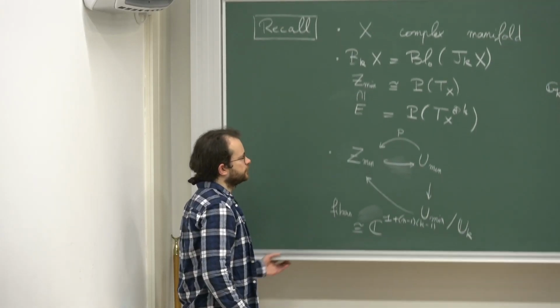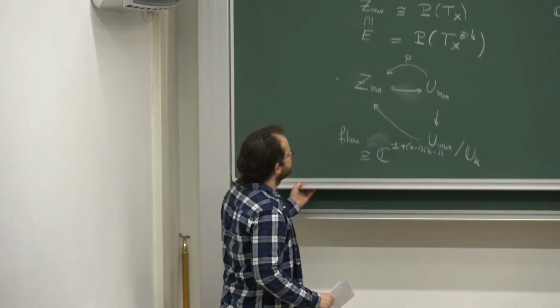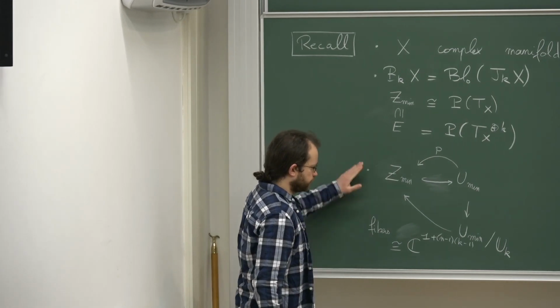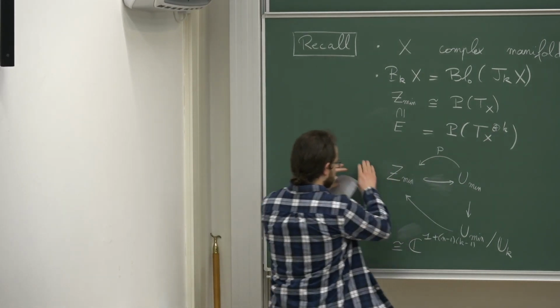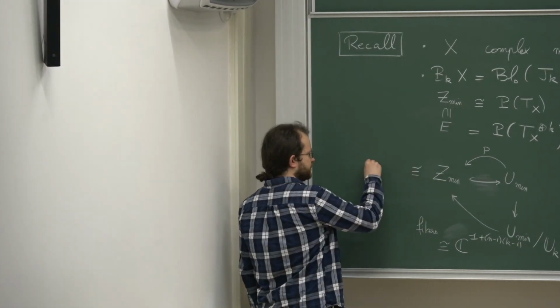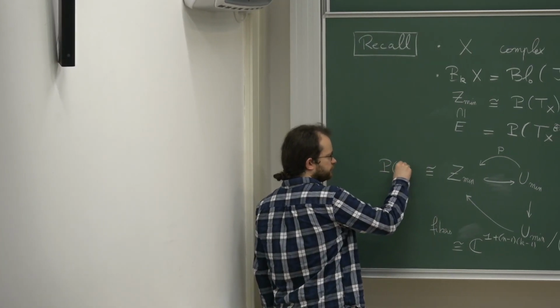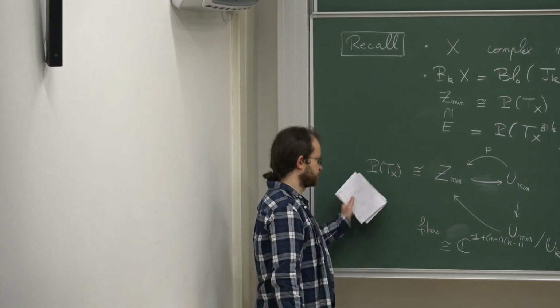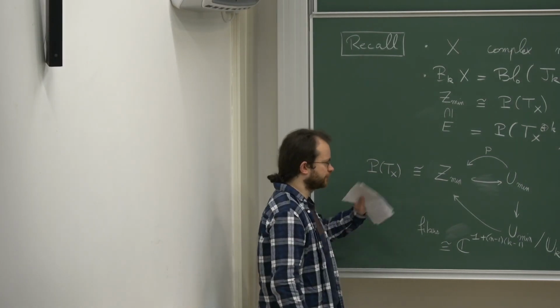So if you wish, you can look at that in coordinates. Okay, maybe I will write that here and there. So this Z mean, as I said, is isomorphic to the projectivization of the tangent bundle. It is the space I will usually denote by X1.